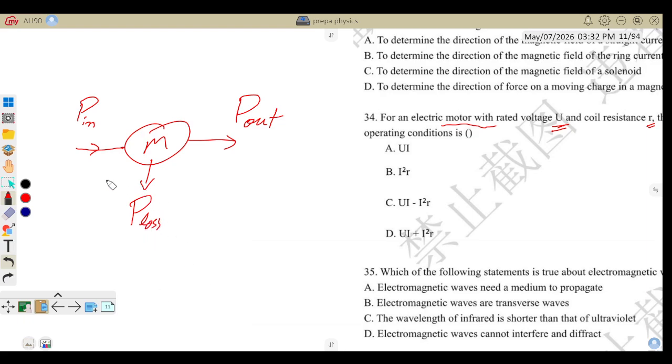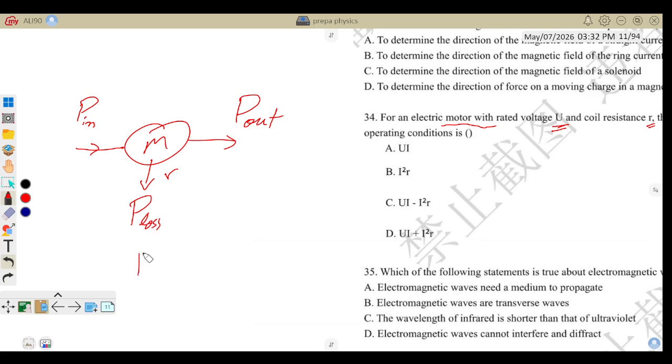That means the total power getting into the motor to function, a certain part would be converted to mechanical motion, and there would be a loss as heat because the motor is composed of a coil with a resistance R.